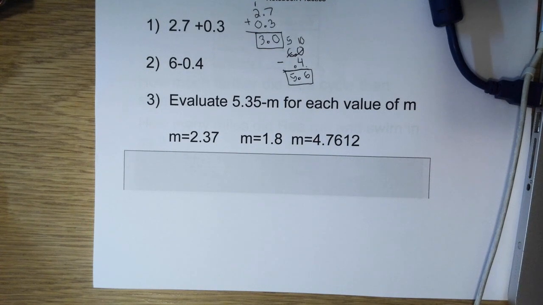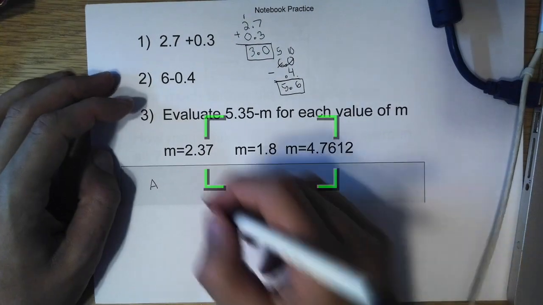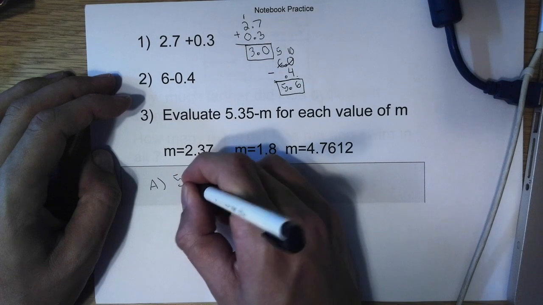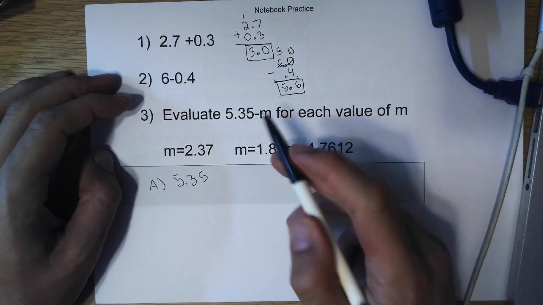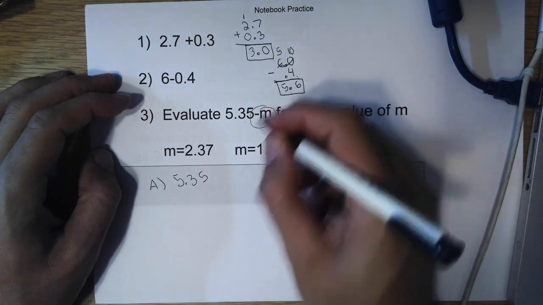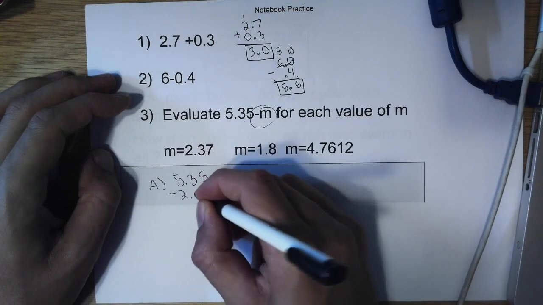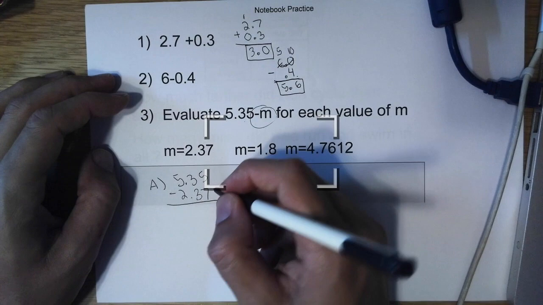Feel free to pause the video and try this on your own if you'd like. Evaluate 5 and 35 hundredths minus m for each value of m. So I'll begin by stacking my numbers. So 5 and 35 hundredths minus 2 and 37 hundredths.